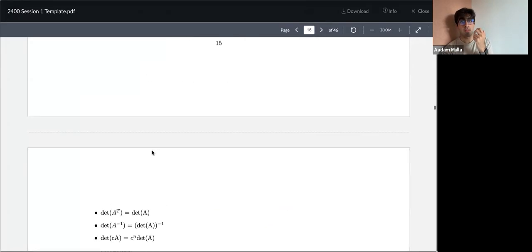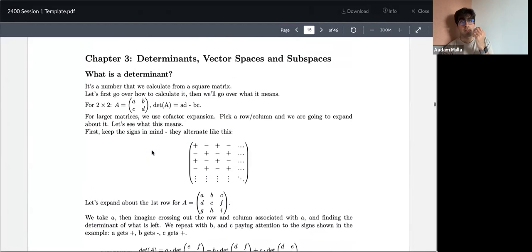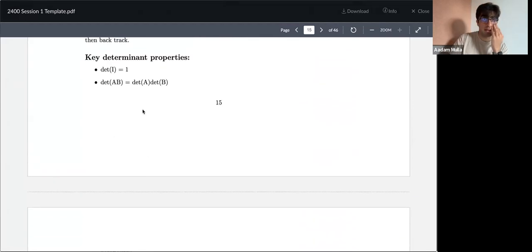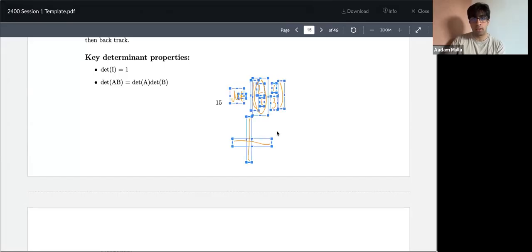Actually, let's quickly understand geometrically what determinants mean, because that's important to understand this intuitively. If you have a 2x2 matrix, 2, 1, 1, 3, the determinant says: make a shape that has these vectors as its sides.